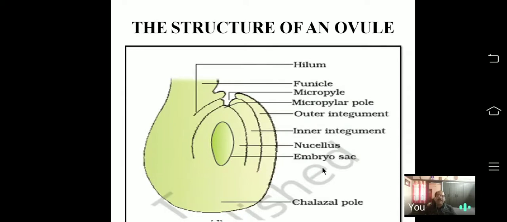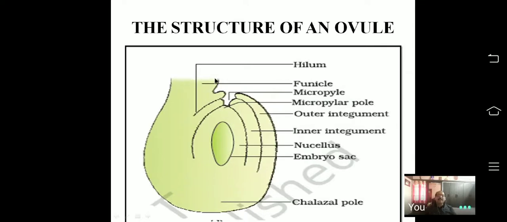Ovule is present inside the ovary. Already you know the ovary. Ovary is the part of the pistil or carpel. Inside the ovary, there may be a single ovule or many ovules, also called megasporangium.